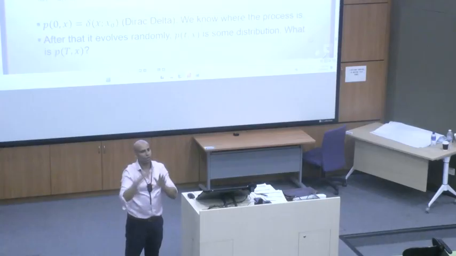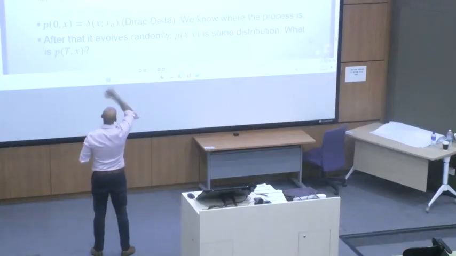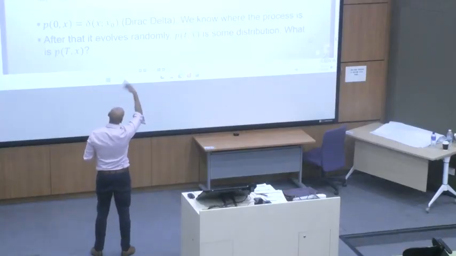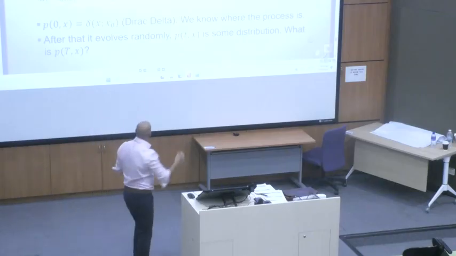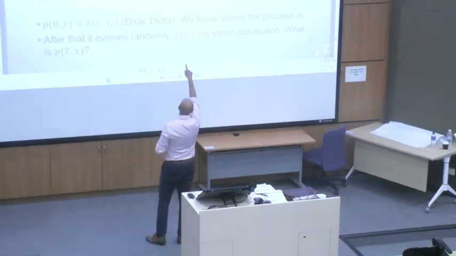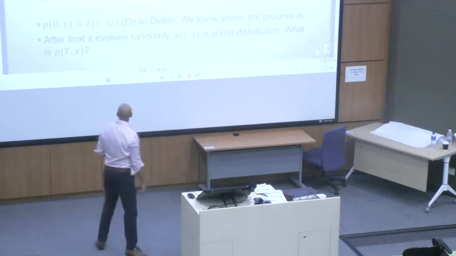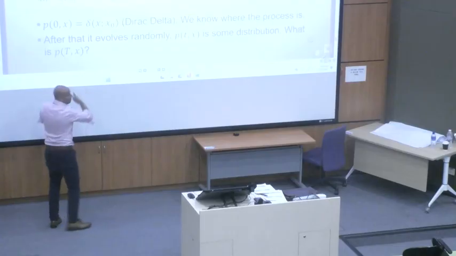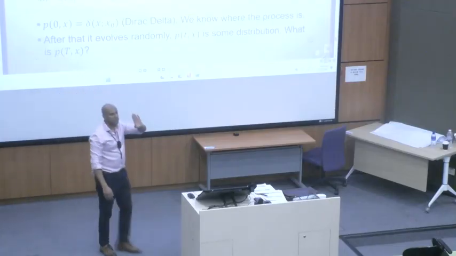If you don't know where something's going to be for sure, the next best thing is to assign a probability function, and that's what I'm calling P. P is a function of time and x. What is the probability that the particle is at a position x at some time t? And we know where the particle is now. So P at time 0 is known.